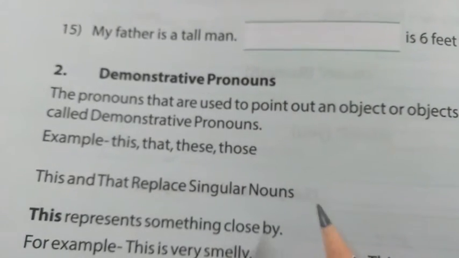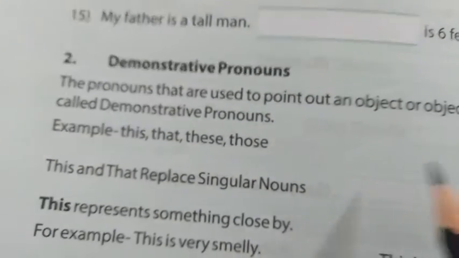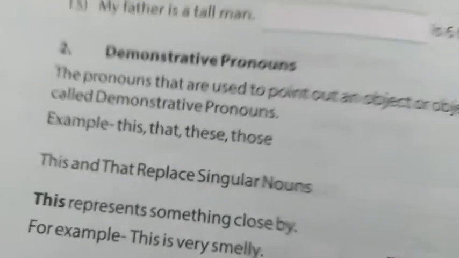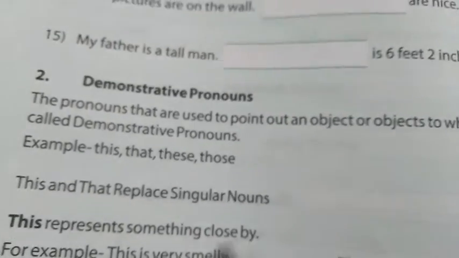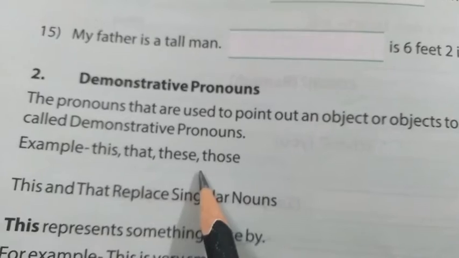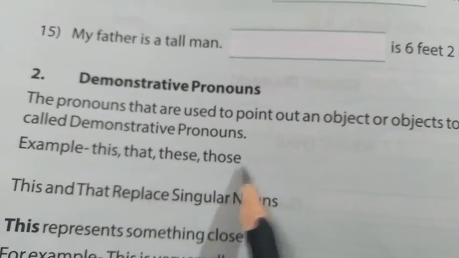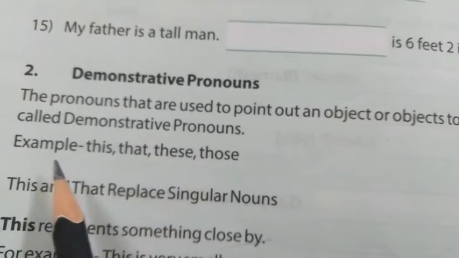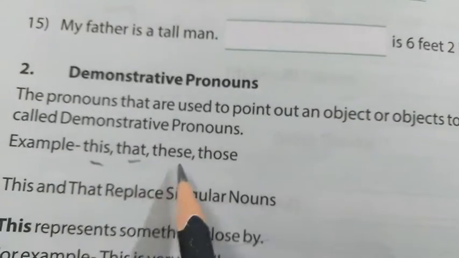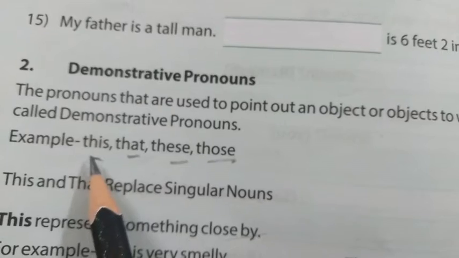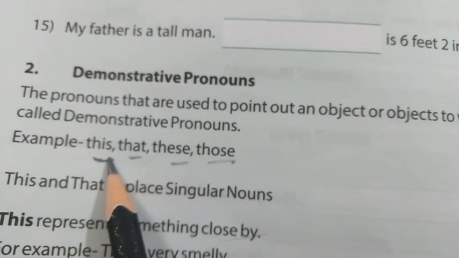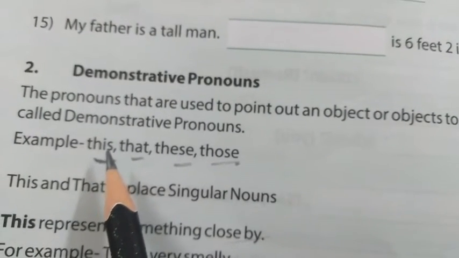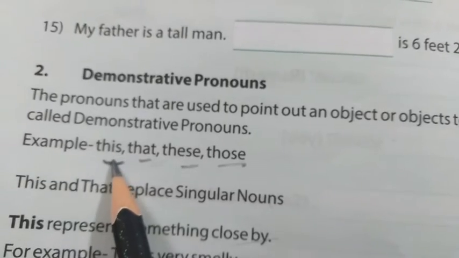Okay, if we want to indicate something, some noun, some person, some place or thing, if we are referring to any other person, place or thing, we will use these words. Which are these words? This, that, these, those. So all these are the demonstrative pronouns, and you might have done these in your previous classes also.